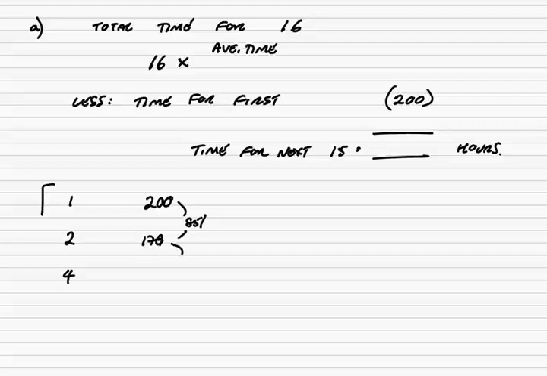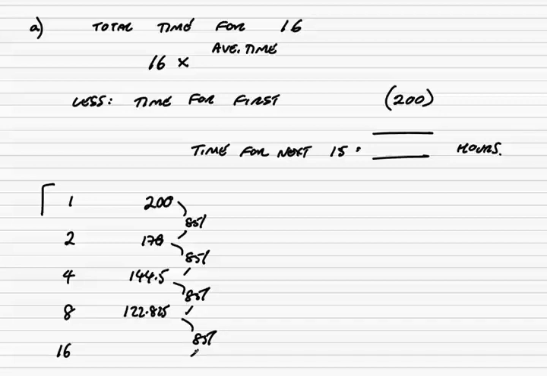Double again to 4. 85% of 170 is 144.5. Double again to 8. 85% of 144.5. And finally, double again to 16.